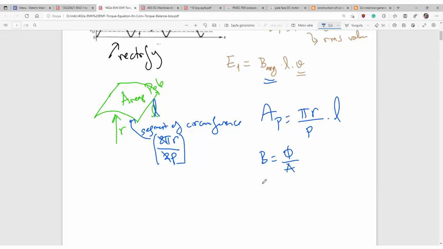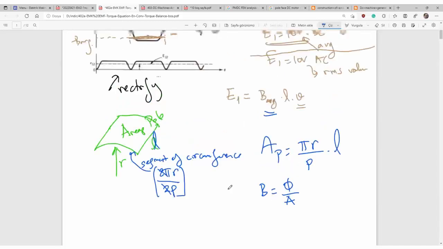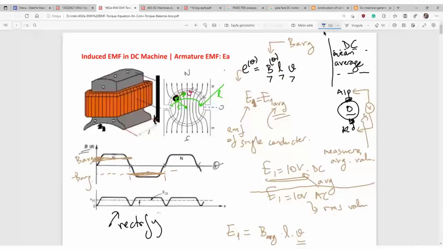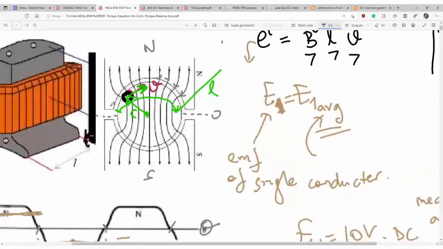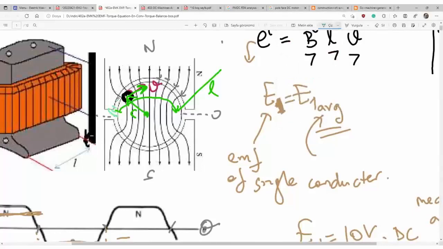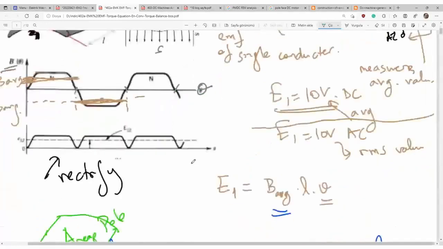Now, ladies and gentlemen, assume that here are much more flux lines. It is very difficult to count up 1, 2, 3, 4, and so on, 10,000, 20,000, 30,000. Here are lots of flux lines.